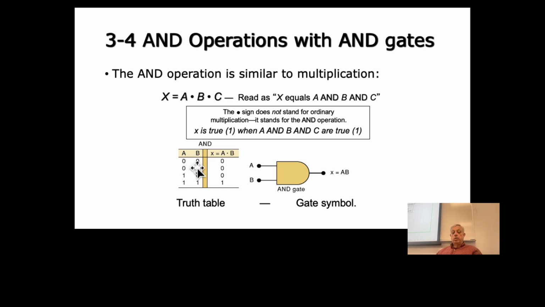A 0 and a 1, 0 times 1 is a 0. 1 and 0, well, 1 times 0 is a 0. But 1 times 1 is a 1. Here's the symbol. We say that the output X is equal to AB. Questions?